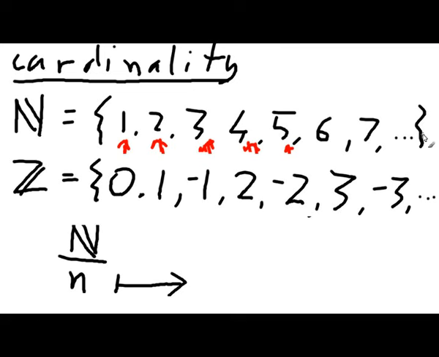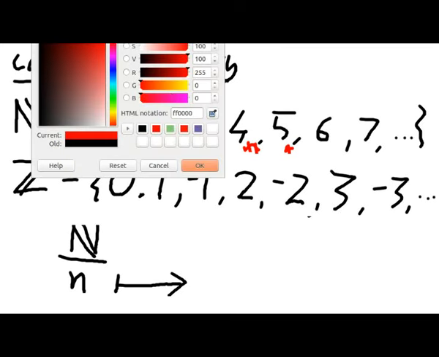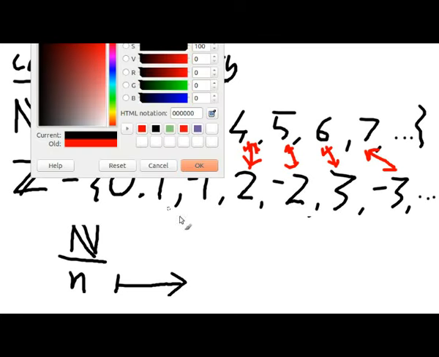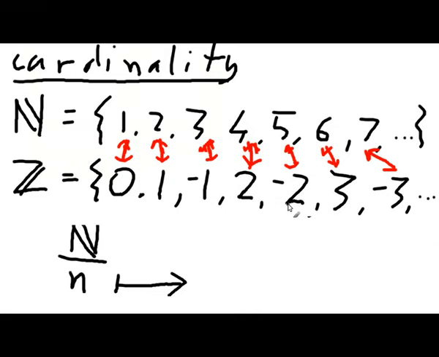So once again, one can establish a one-to-one correspondence between the elements of the set of integers and the set of natural numbers, right? So here I can pair up 1 with 0, 2 with 1, 3 in the natural numbers with -1 in the integers, 4 in the natural numbers with 2 in the integers, 5 with -2, 6 with 3, 7 with -3, and so on. So what's the equation that I can write down for this pairing?